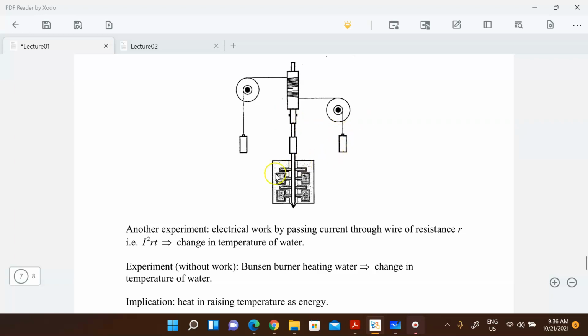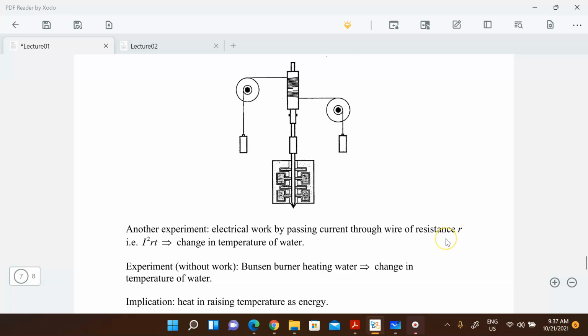You pass electrical current through your electrical coil with certain resistance and it heats up, and it changes the temperature of the water. So you have two different versions there: one with mechanical work and the other with electrical work. Of course, to raise the temperature, one could just simply heat it up.